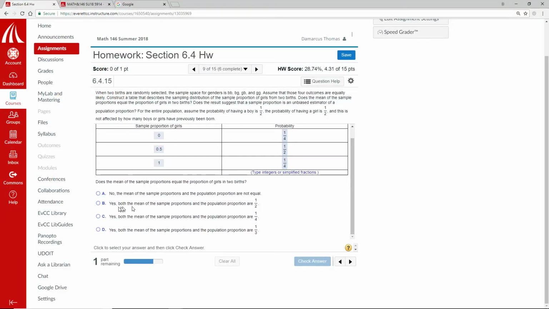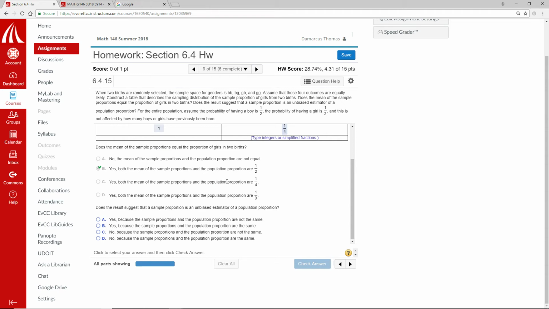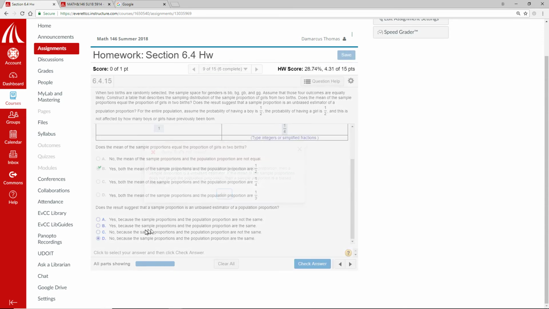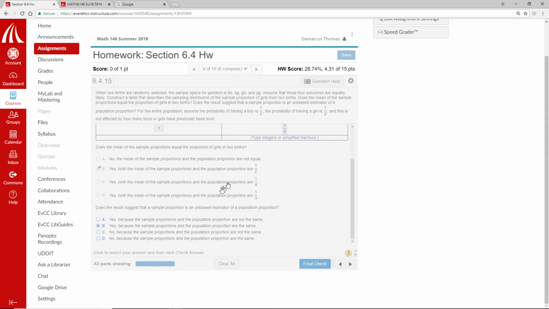So yes, both of them will be a half. Does the result suggest that the sample proportion is an unbiased estimator? Yes, it is an unbiased estimator. It's not biased.